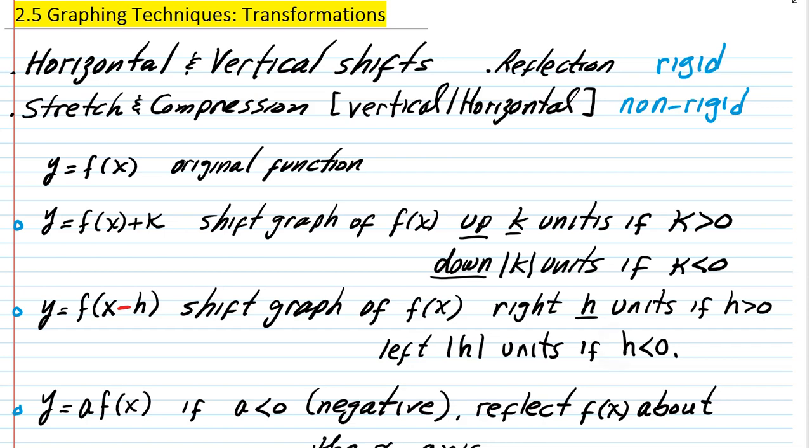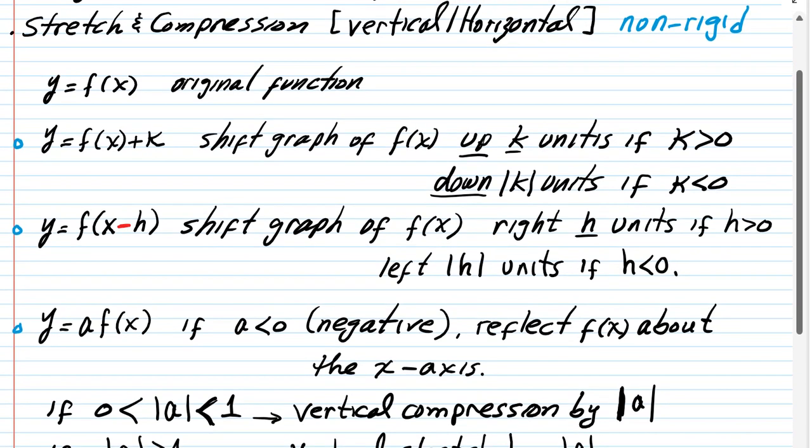So what are we interested in? Suppose the original function is y equals f of x, whatever the function might be. It could be any one of the functions in our library of functions or any function that we haven't talked about yet.